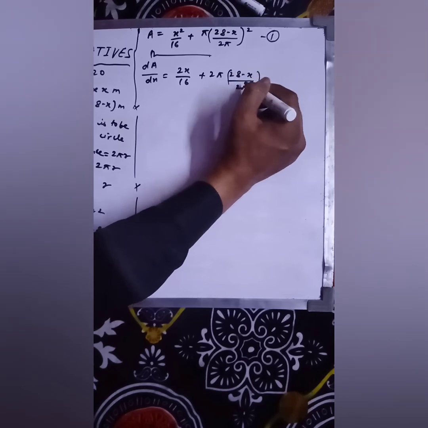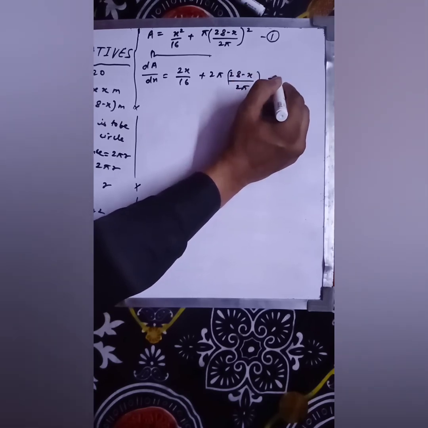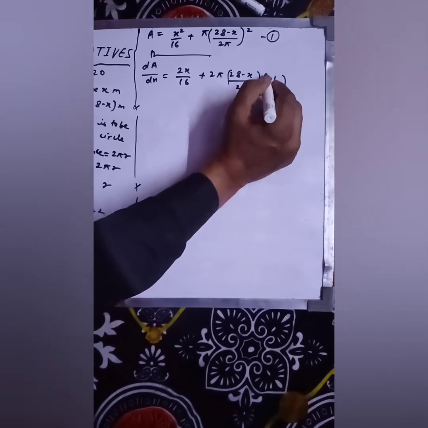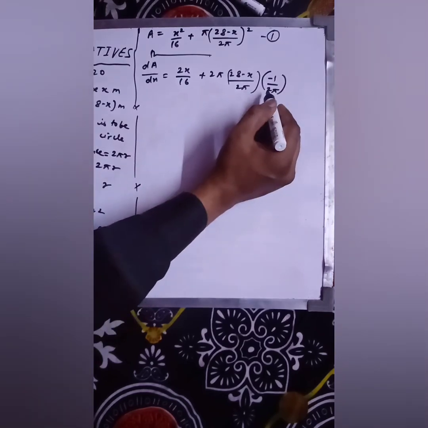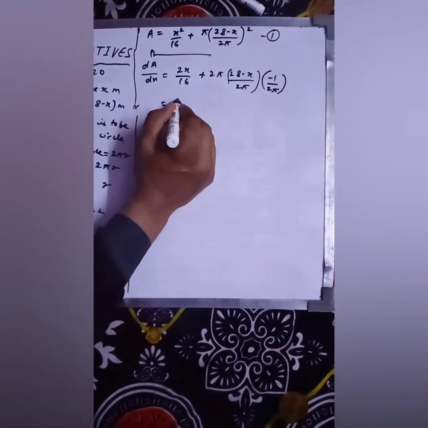Now you have to differentiate the inside part. When you differentiate it, you will get minus 1 upon 2 pi. Now this will be x by 8.